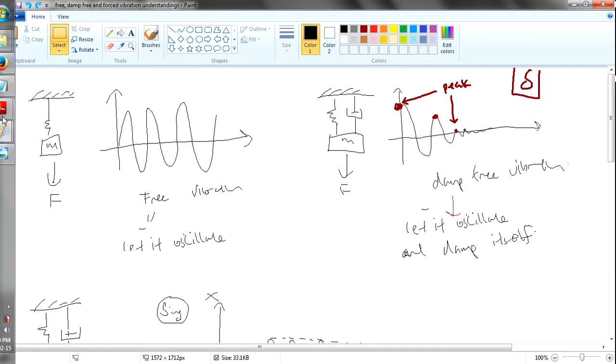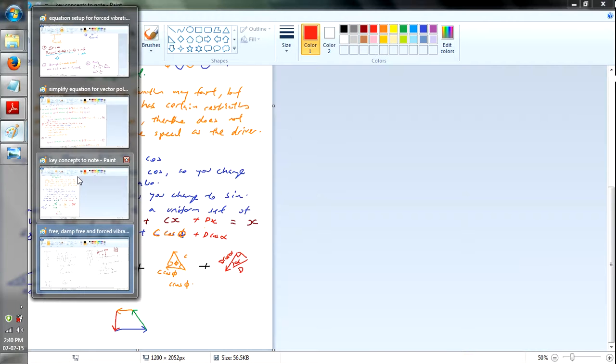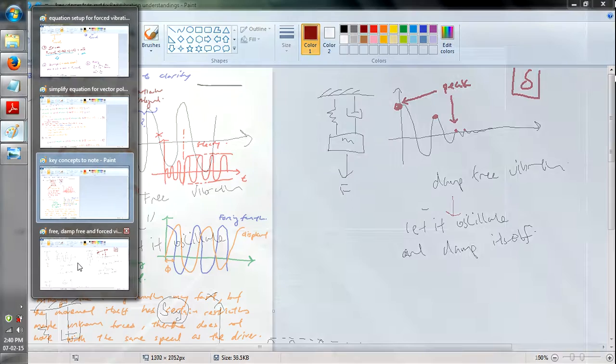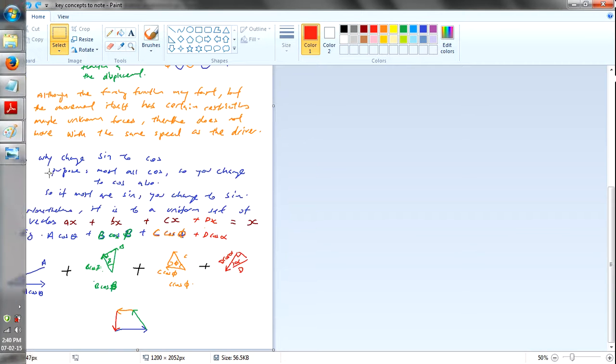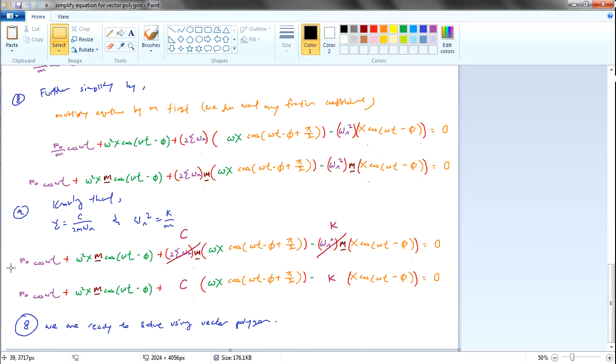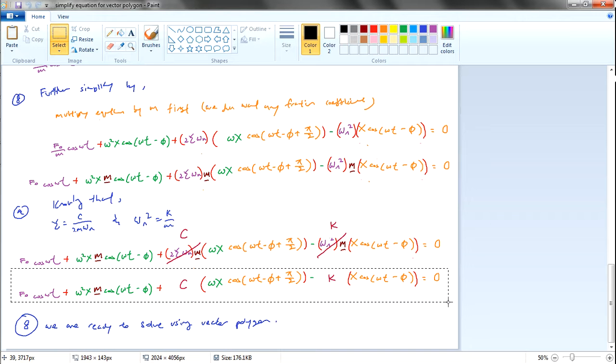I hope this is understood. Just to recap, we are still at the portion of the particular integral, and where we stopped is actually here. We have a very hairy formula.